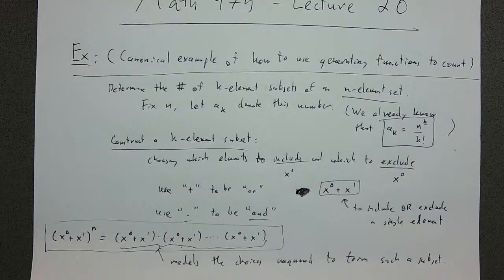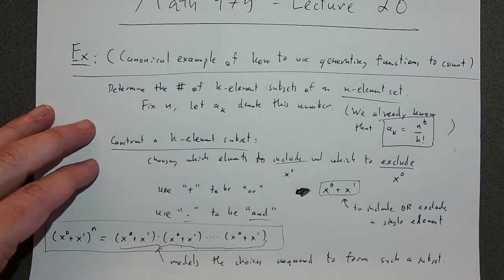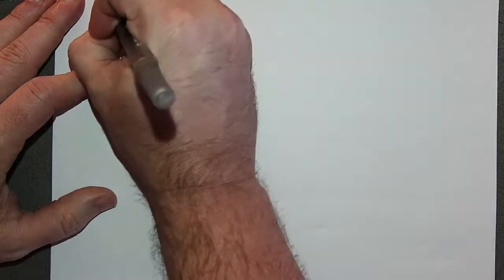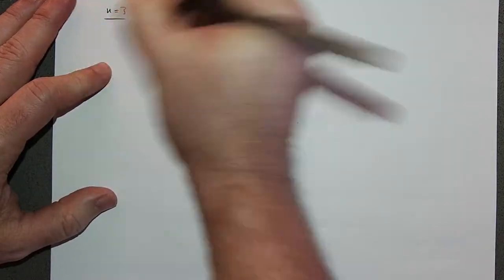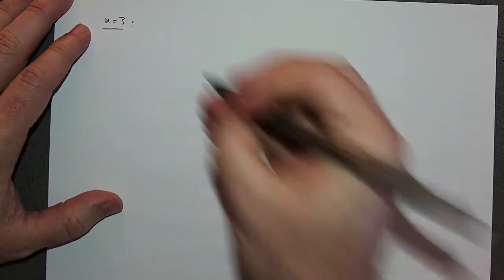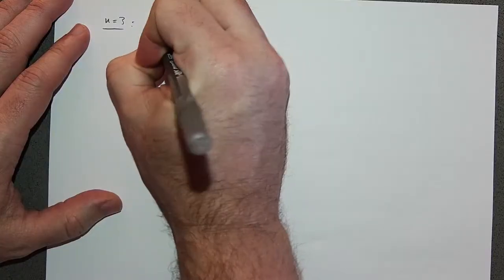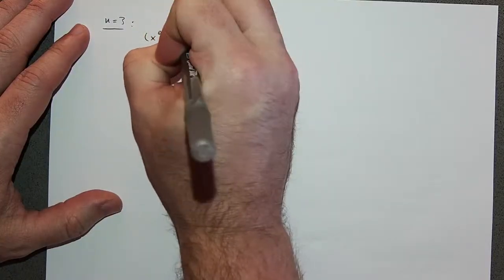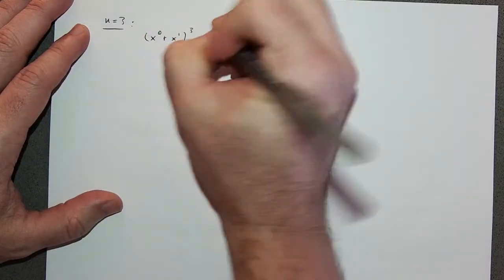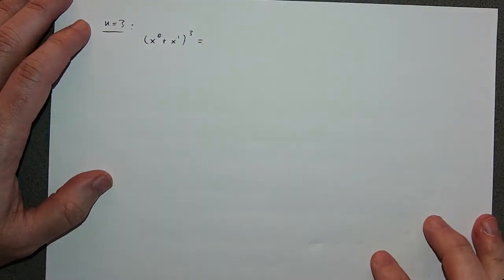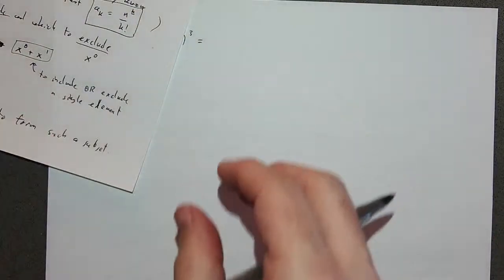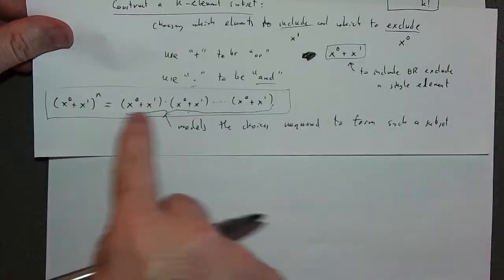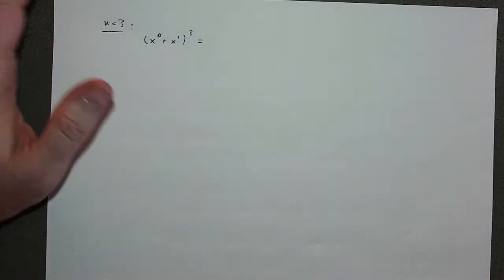Okay. And so, for instance, in the n equals 3 case, what does this look like? This would be x to the 0 plus x to the 1, cubed. And if I were to expand this out by just multiplying that binomial by itself, 3 copies of itself, what am I going to get here?